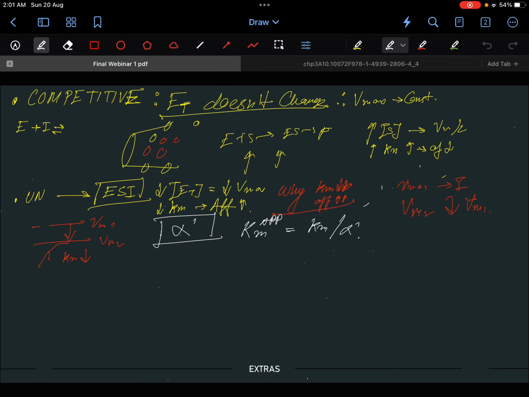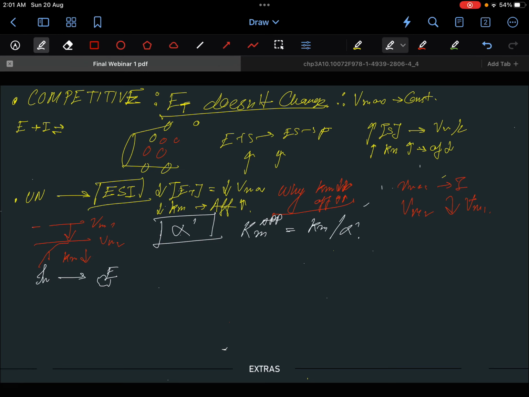So in uncompetitive inhibition there is another concept: the inhibitor must bind to another site of the enzyme, such that only the catalytic activity is affected, not the substrate binding efficiency.